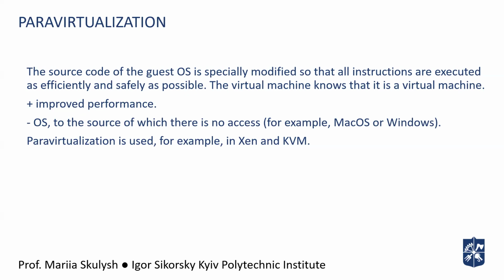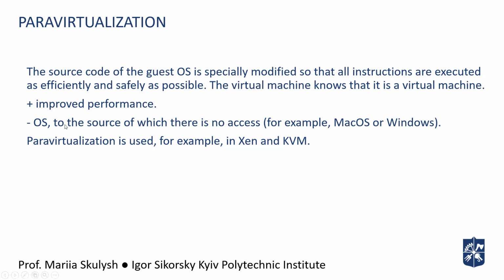Because when we speak about independent virtual machines, they can process all the requests they receive. So some requests can be processed by the first machine, some requests by a second machine, and so on.